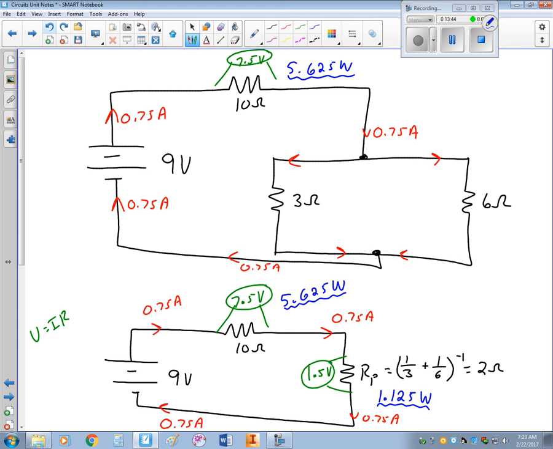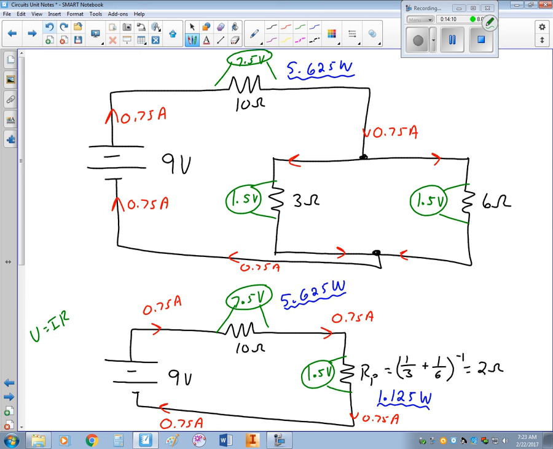So now let's talk about this branching. Now remember that for branching circuits, the voltage across them will be the same. So since I found 1.5 volts across those, when I combined them to be like a 2 ohm resistor, I still have 1.5 volts across these. That stays the same.